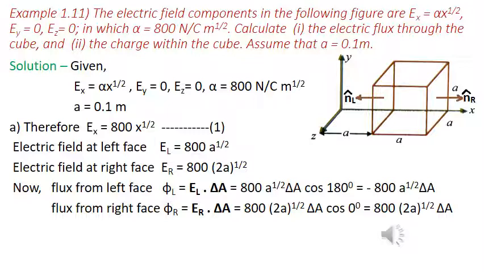Similarly, we can write the flux at right face is equal to 800 2a to the power half into delta A. Here the angle between electric field and area vector is 0 degree because both are in positive x direction.